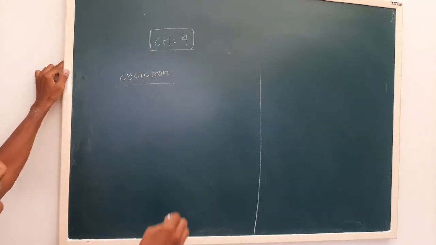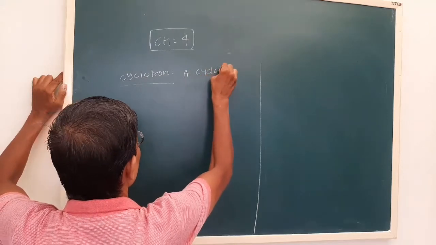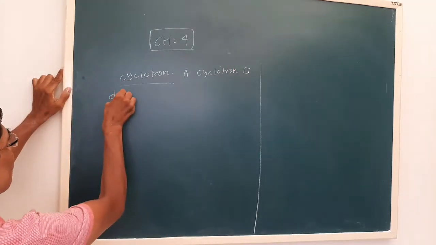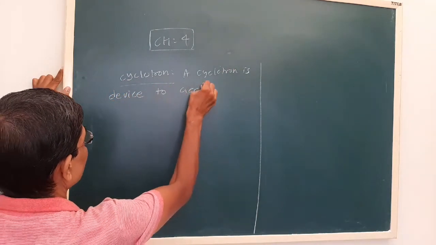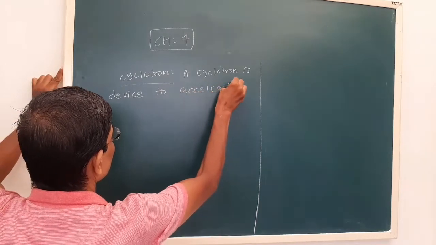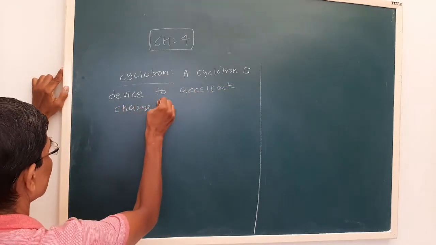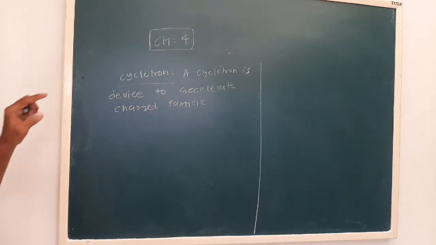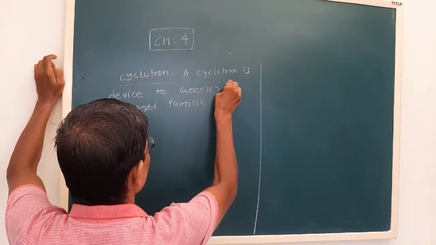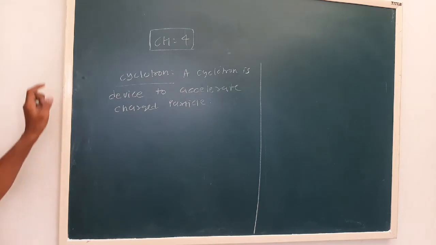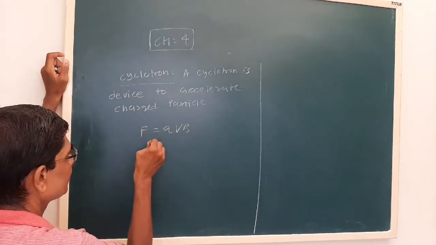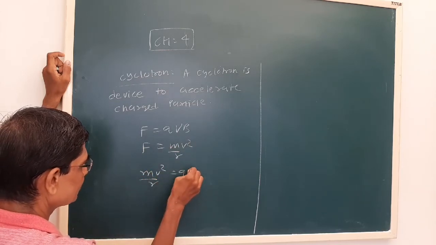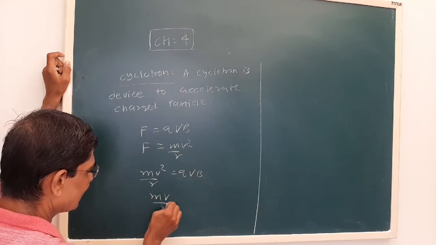Okay, a cyclotron is a device to accelerate charged particles. Now we have seen F is equal to qvB, F is equal to mv square by R, mv square by R is qvB, mv by R is qB.